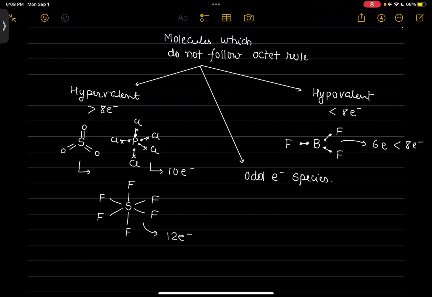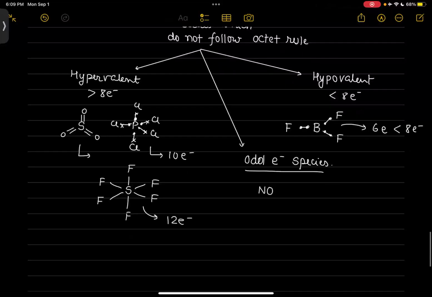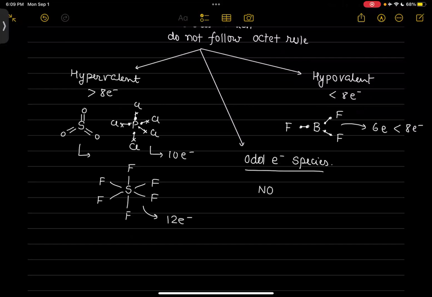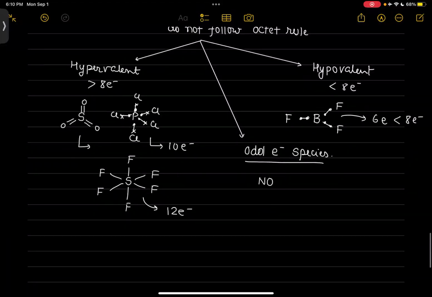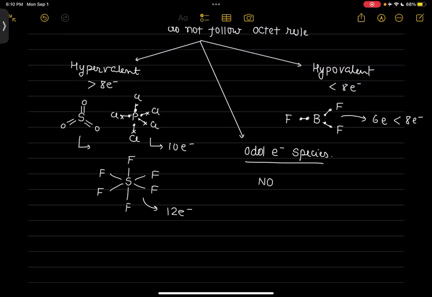For example, if you take NO, how will you know that this is an odd electron species? Nitrogen has 5 valence electrons.